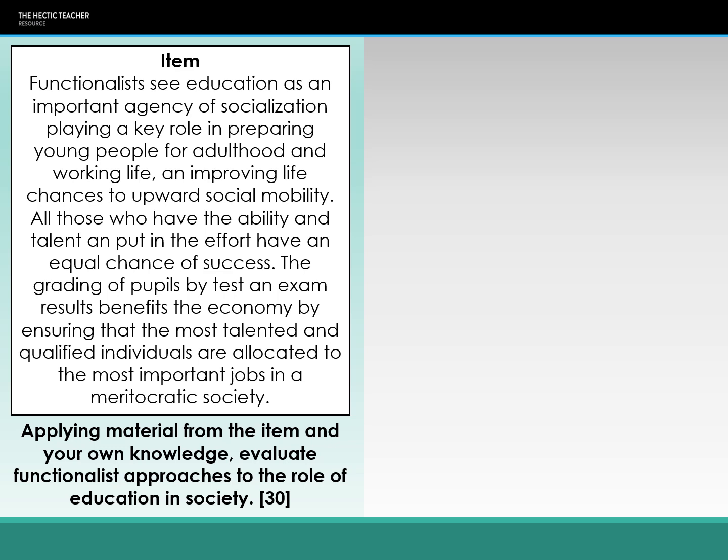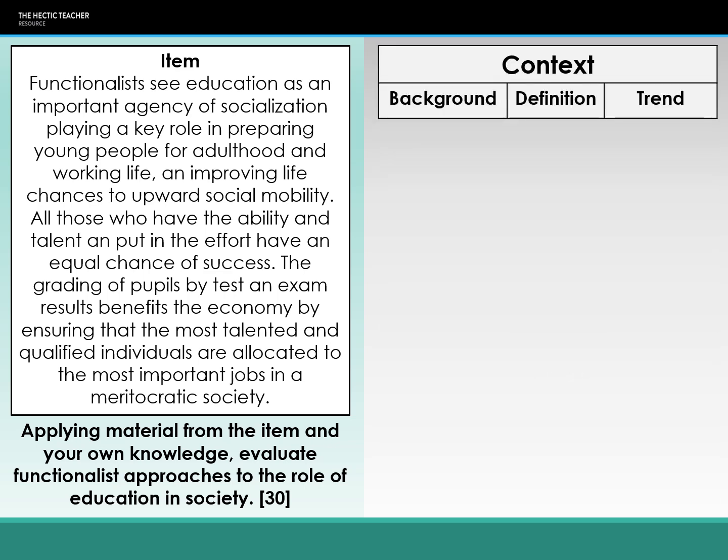Okay, so in terms of context, as we said before, you have to choose between the 3 different types of context. In this case, we've got background, definition, or trend. Background is when we use general information about the topic of the question, in this case functionalist approaches, to show the examiner that we are aware of the topic.